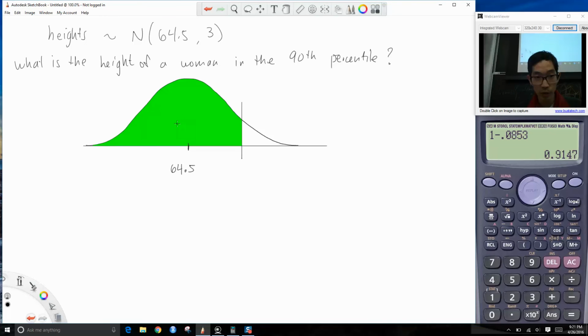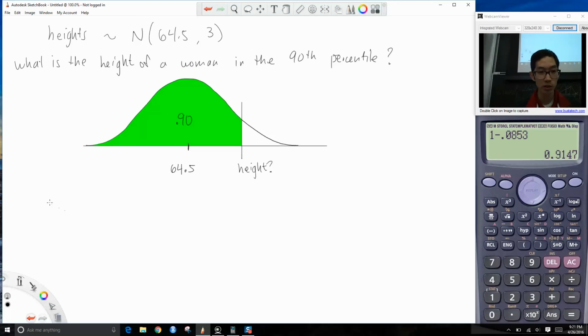So this is 90%, okay? And now I want to know what is the height that corresponds here. What is this height? Well, the way we're going to do this is we're first going to find the z-score that goes here, and then we're going to go from the z-score back to a height.